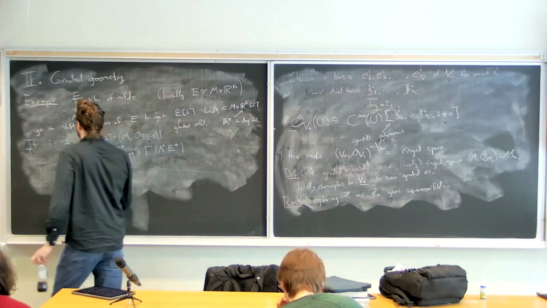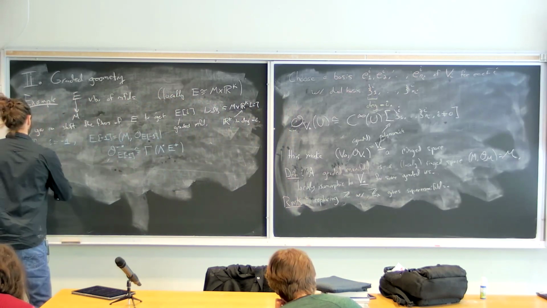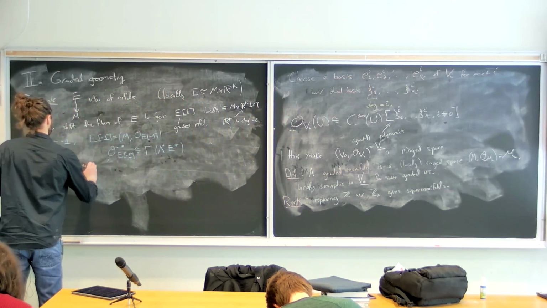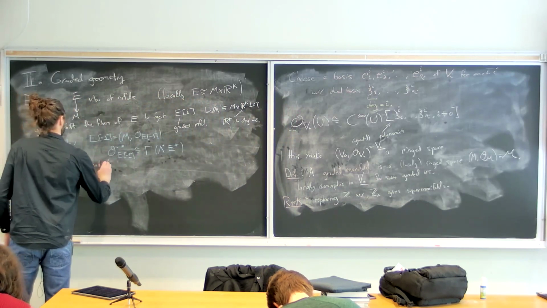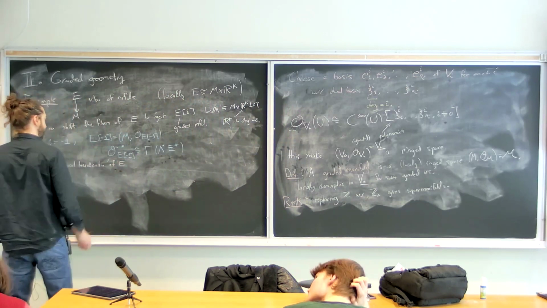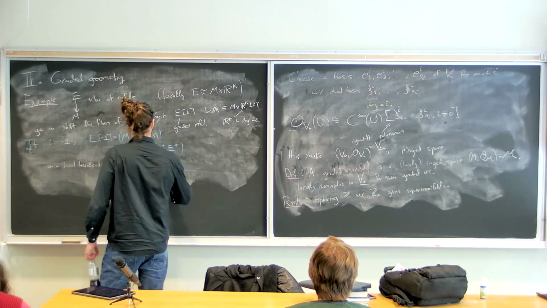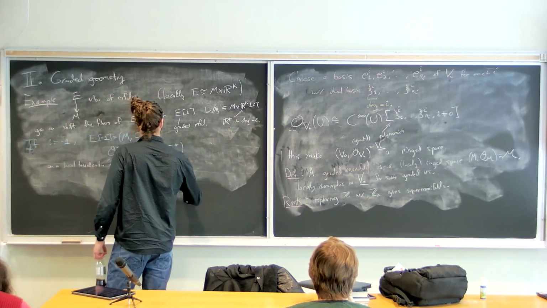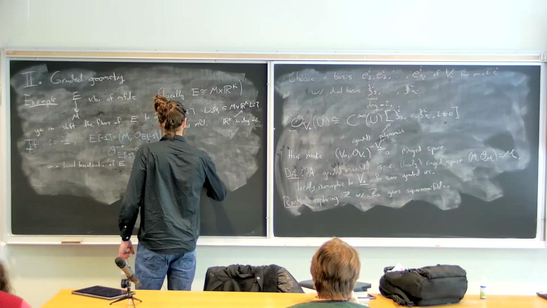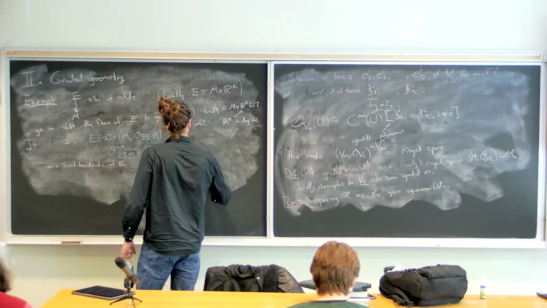Okay. So I have to say it locally like this, on a local trivialization of E. Then this would be smooth functions on U tensor the exterior power of R^k dual.